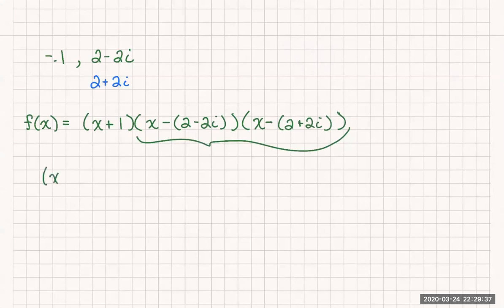So x minus (2 minus 2i) times x minus (2 plus 2i).